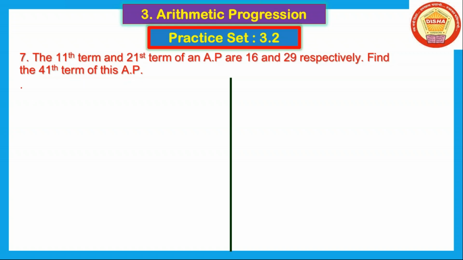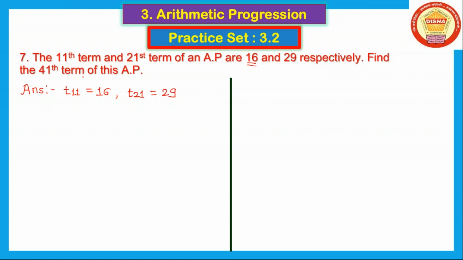What is given here? The 11th term and 21st term are given. Means we write here 11th term means T11, 11th term is 16, and 21st term means T21 is equal to 29.